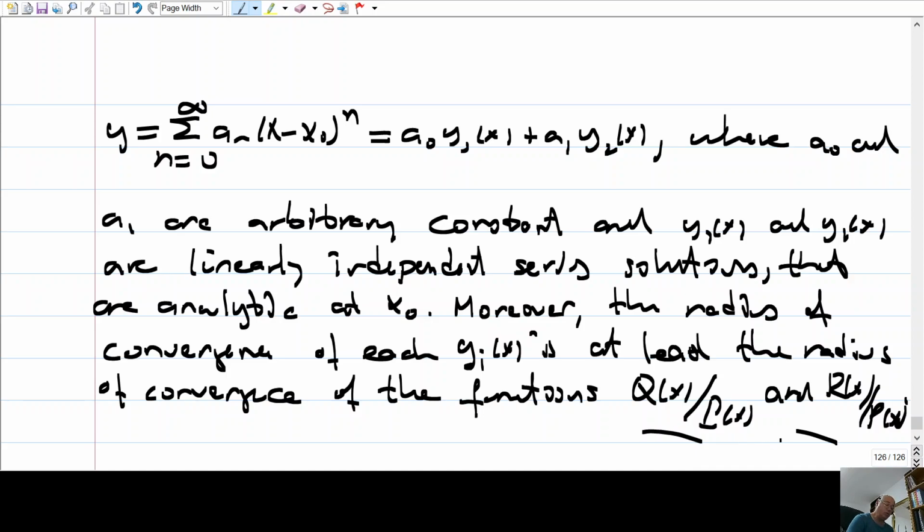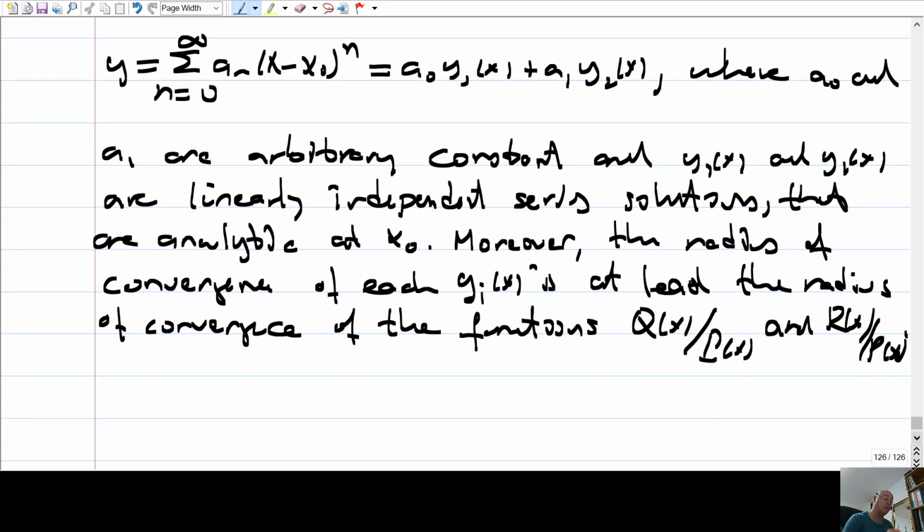We compute those radii and we take their minimum, and the theorem tells us that the linearly independent solutions y1 and y2 of this equation have radius of convergence at least that minimum. Okay, let's give a break now.